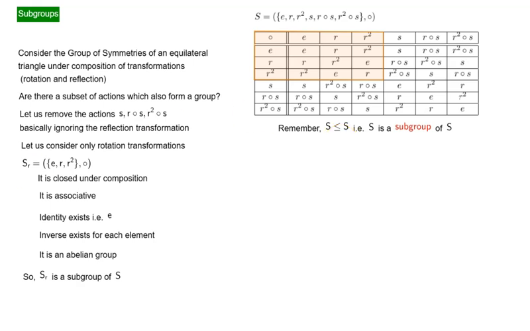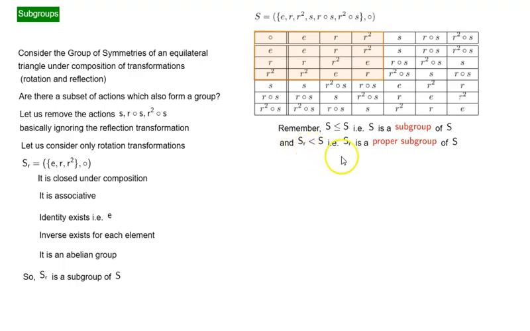Or in other words, a group is a subgroup of itself. And SR is a proper subgroup of S. So here we are being a little bit more specific than just saying it is a subgroup.